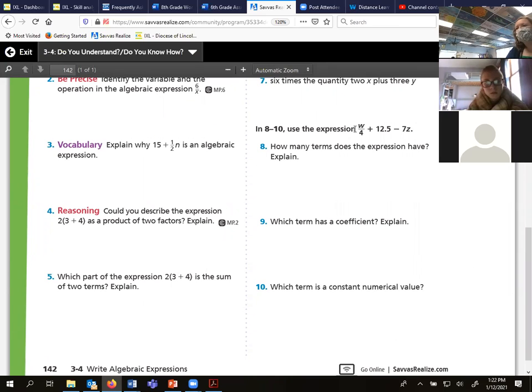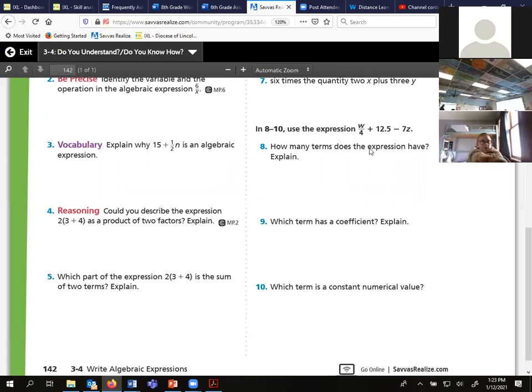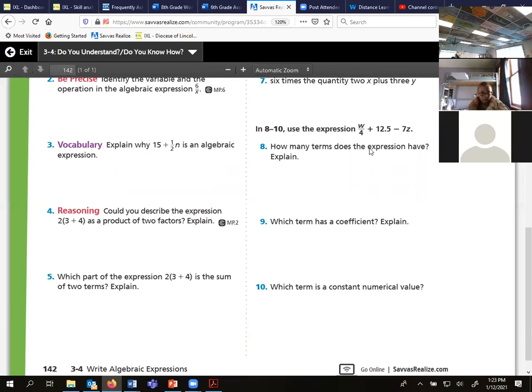We have this expression here, w over 4 plus 12.5 minus 7z. How many terms does the expression have? Show me with your finger. How many terms does it have? Which problem? 8. This here. Looking at this, how many terms does it have?